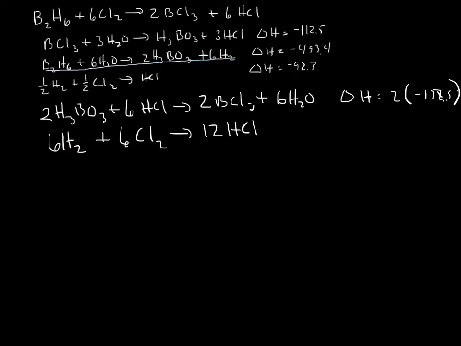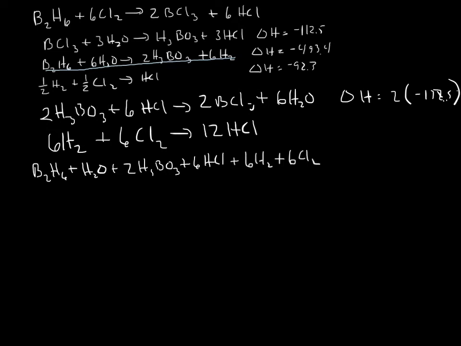I think we need to combine all the stuff now and see what happens. So we take all the reactants. Let's take these reactants right here. B2H6 plus H2O plus the reactants down here. 2 H3BO3 plus 6 HCl plus 6 H2s plus 6 Cl2s.